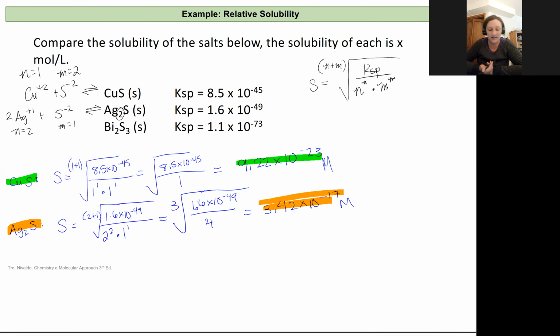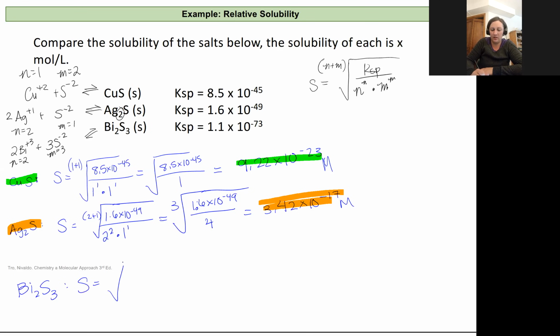All right, so let's take this a step further and look at bismuth sulfide. When this is dissolved in water, it'll form 2 bismuth ions and 3 sulfide ions. So I'll have an n equal to 2 and an m equal to 3. Let's set up our equation for bismuth sulfide.